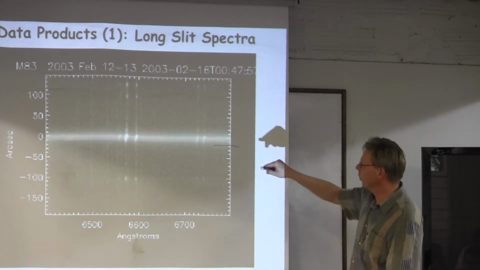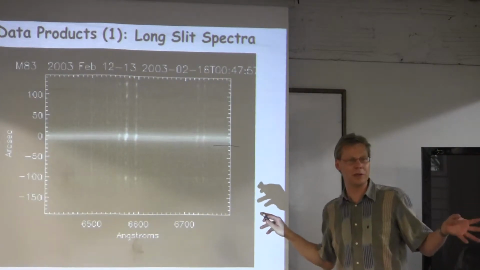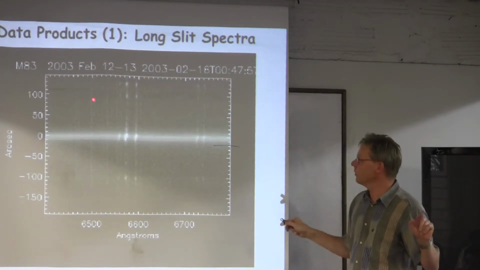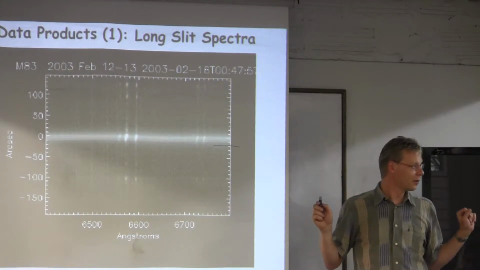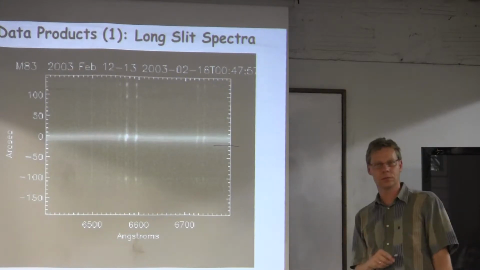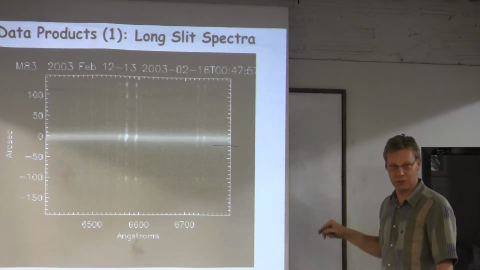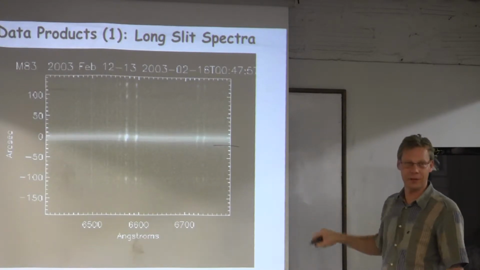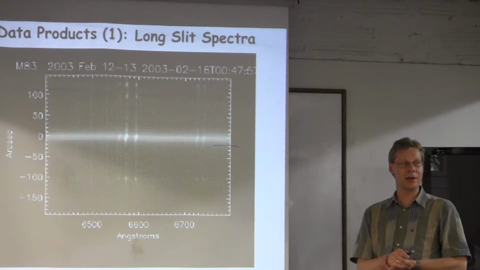So who thinks it's oriented this way? There is no third possibility. So at some point I want to see all your arms because I can tell you the slit is not oriented this way. Okay, so who thinks it's oriented in this way? Yeah, just for checking. Who thinks it's oriented in this way? There are still some undecided.